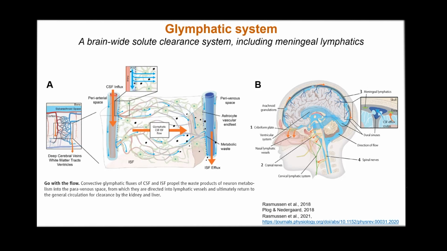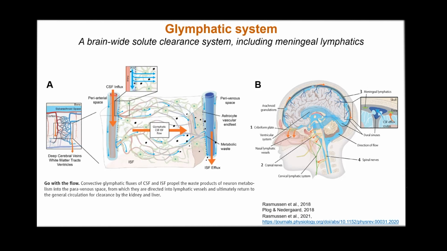But recent studies have explored a lot more mediators which mediate this process. So after being exchanged with the interstitial fluid, the solutes or the metabolites go along the perivenous spaces for the efflux. And from here, it's basically carried out.